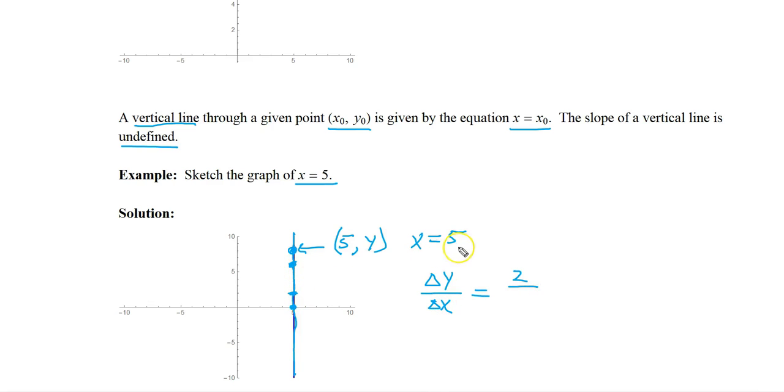The x is always 5, so our change in x is 0. Well, any number divided by 0 is an undefined quantity. So the slope of any vertical line is always undefined, because if you try to evaluate the slope, you end up dividing by 0 because the x-coordinate never changes.